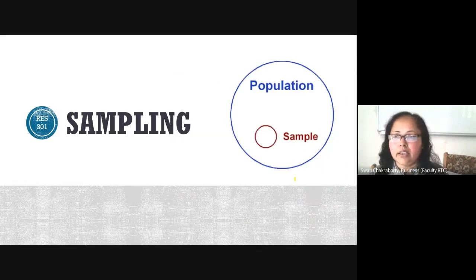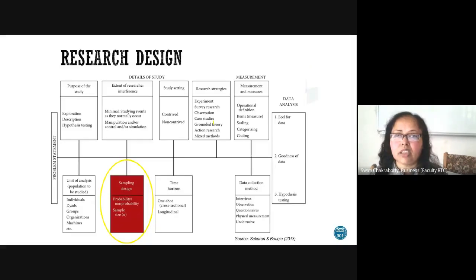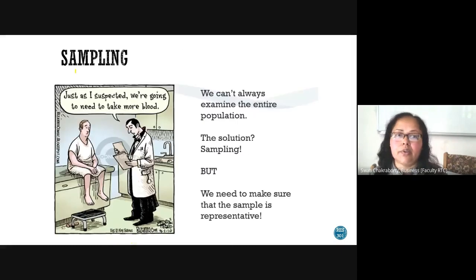Next we come to population and sampling. Why are we talking of sampling? See this cartoon: "Just as I suspected, we are going to need to take more blood." So taking a sample and just looking into it.